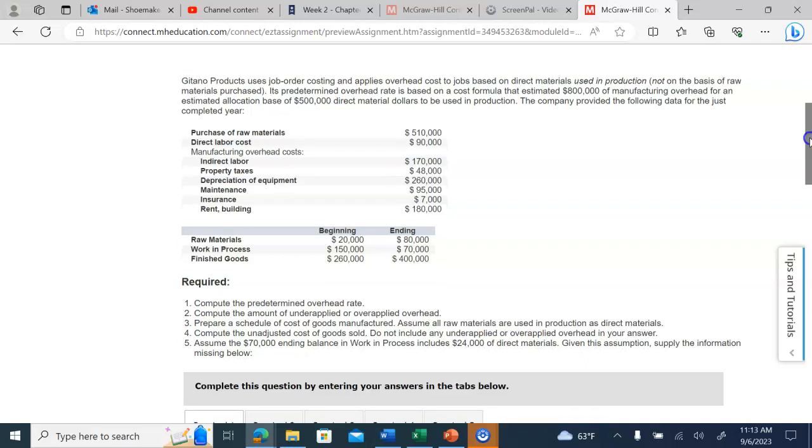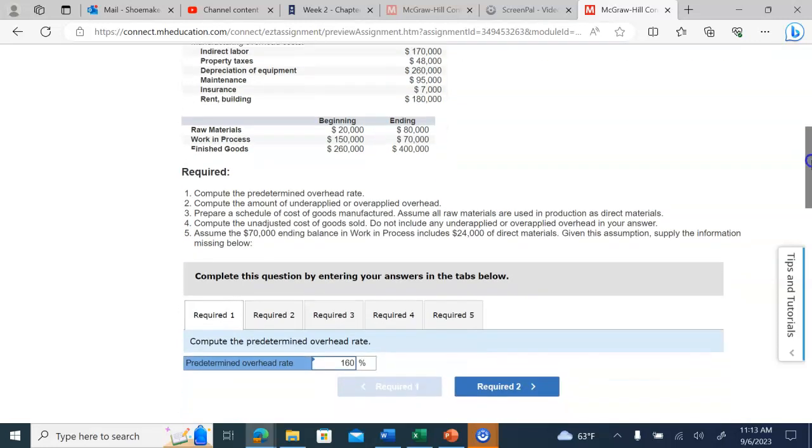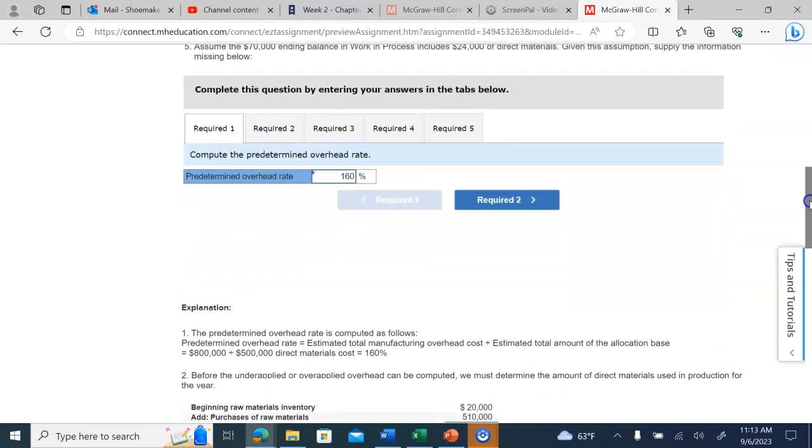So we know the cost formula is 800 of manufacturing overhead for an estimated allocation base of 500,000 direct materials used in production. So basically 800 divided by 500 is 160%. So they're doing the allocation based on materials. That's different, but that's how they're doing it.